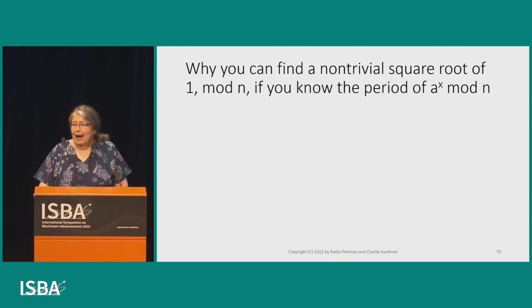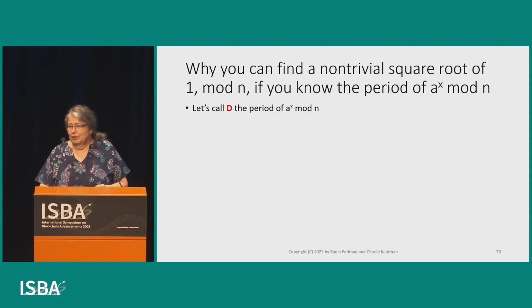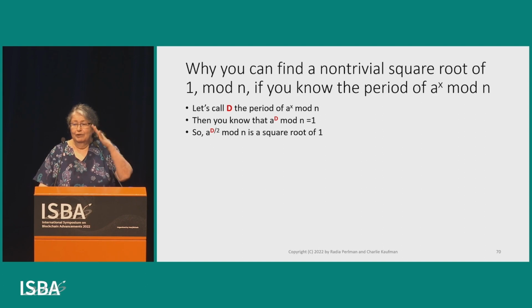So let's say that you know this period d. Why does that help you find a non-trivial square root of 1 mod n? If you know that the period of a to the x mod n is d, then you know that a to the d mod n is 1. So now you know that a to the d over 2 mod n will be a square root of 1.